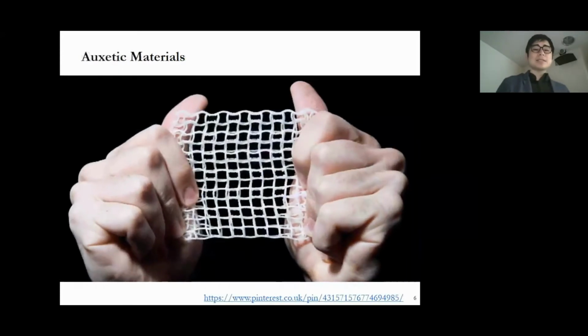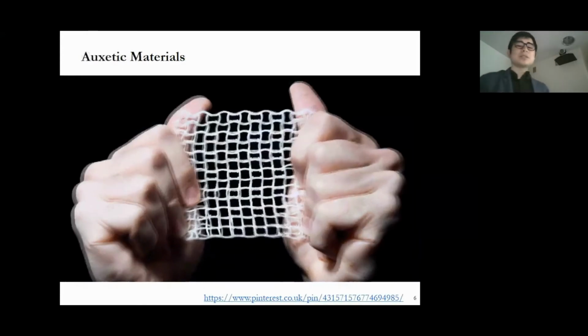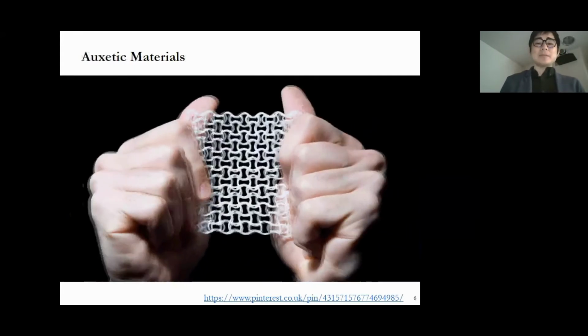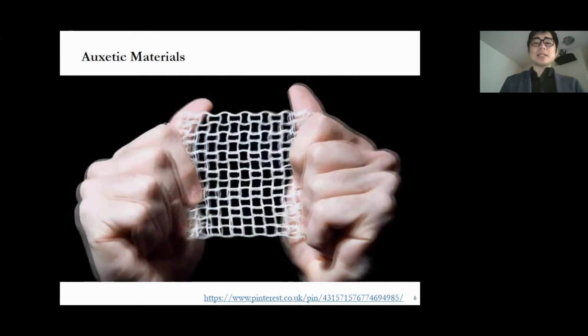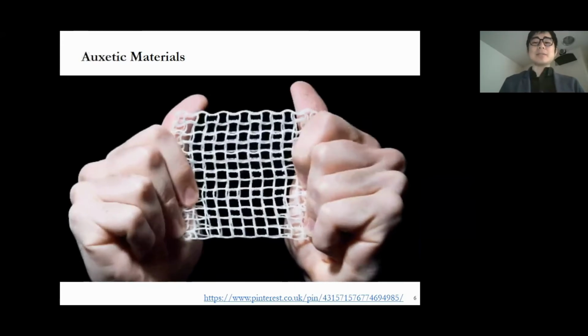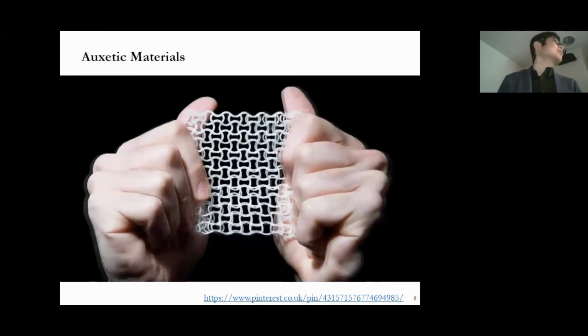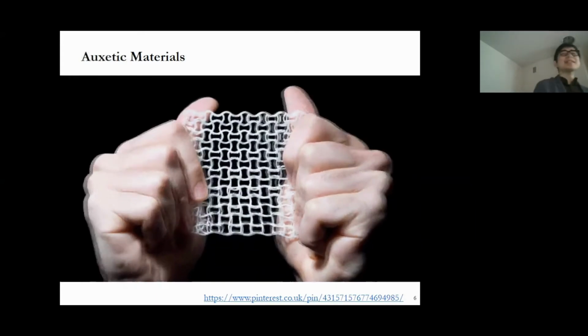And the last phenomenon I want to show is something called auxetic material. An auxetic material is a material that exhibits negative Poisson's ratio. So what does negative Poisson's ratio mean?